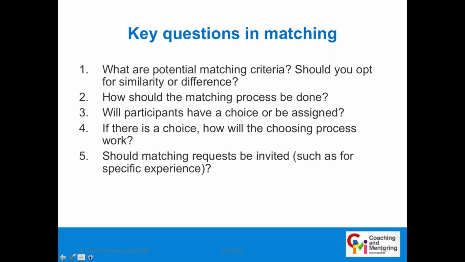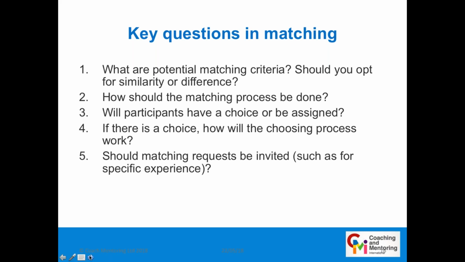And that will depend on a whole variety of factors, like the learning maturity of both parties, and what you're trying to achieve. If you're trying to, for example, have a diversity mentoring program that wants to really help people to understand how people from different cultures perceive the world, then you might want to go for more difference than similarity. But it's basically a choice that we make, and just having that equation in mind helps you to put people together who are going to be able to work together and really learn from each other.